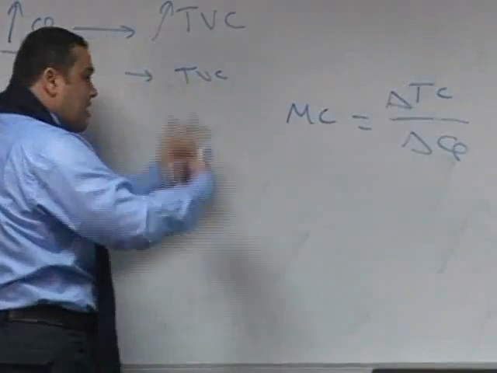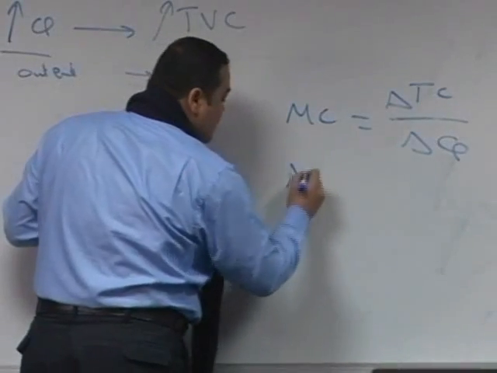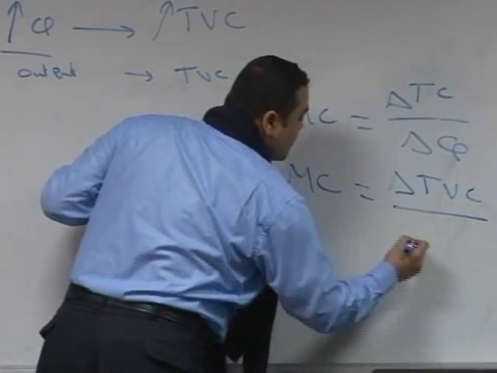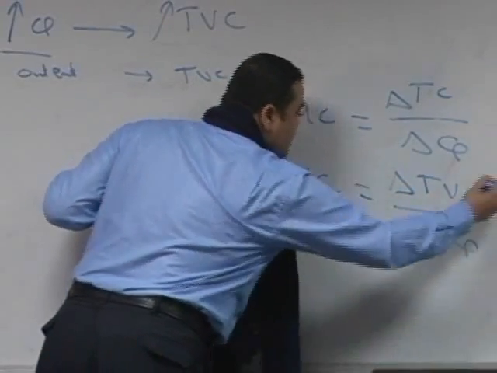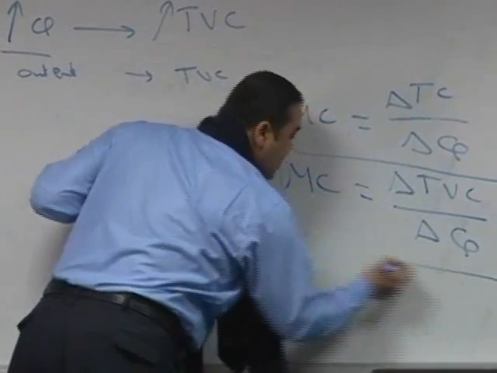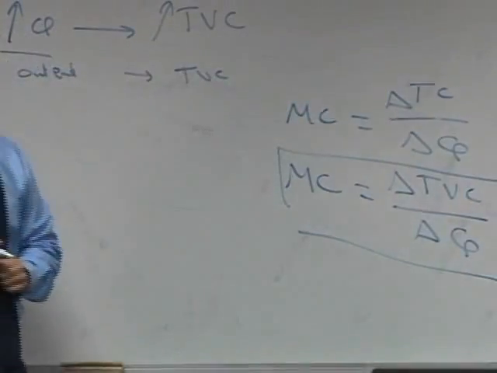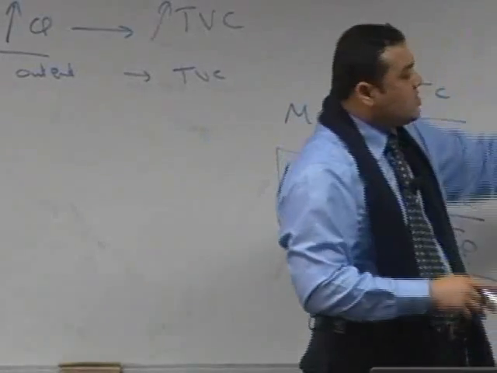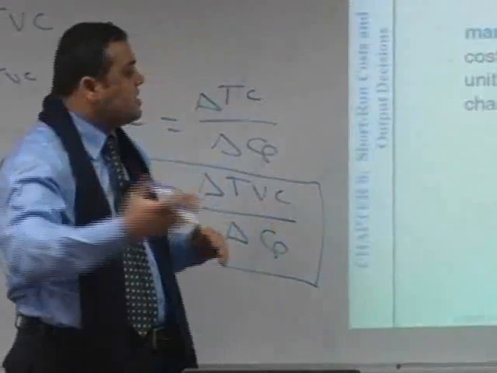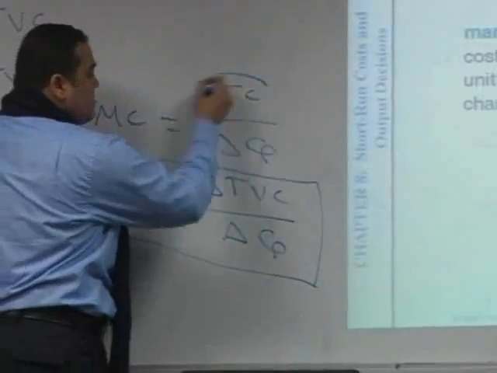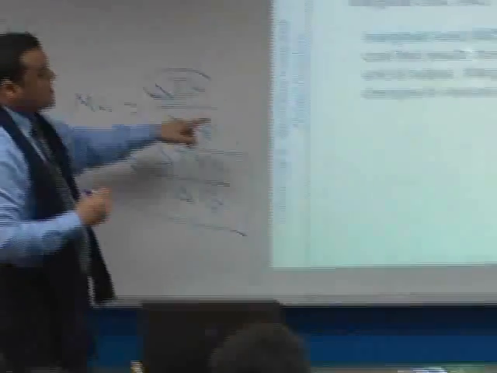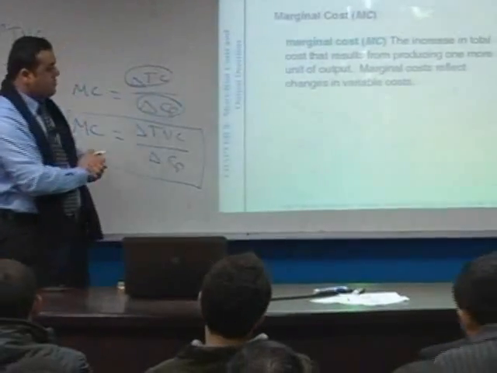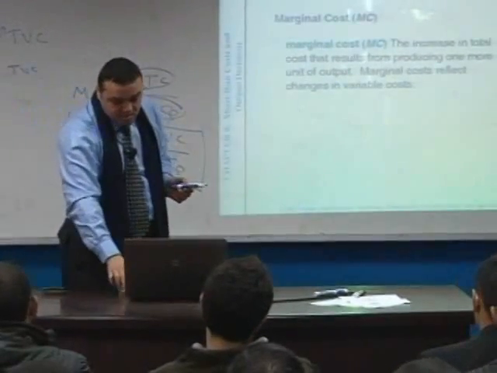Or we have another formula, which is the marginal cost equals delta TVC over delta Q. We will reach the same result. So the marginal cost, as you see, is the increase in total cost that results from producing 1 more unit of output. Right?